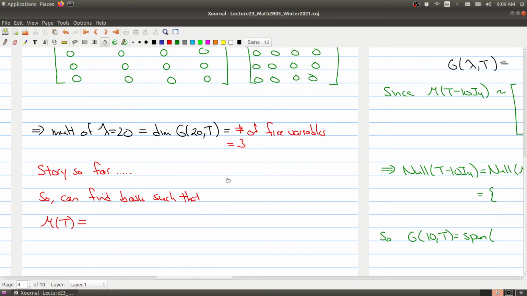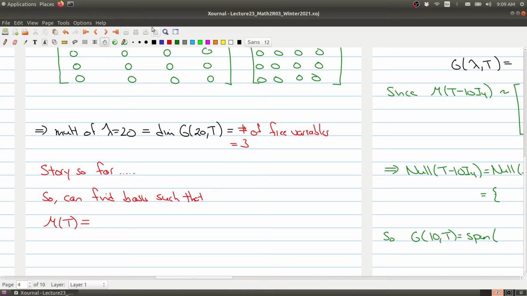So the story so far is that lambda equals 10 is an eigenvalue of multiplicity 1, and lambda equals 20 is an eigenvalue of multiplicity 3.